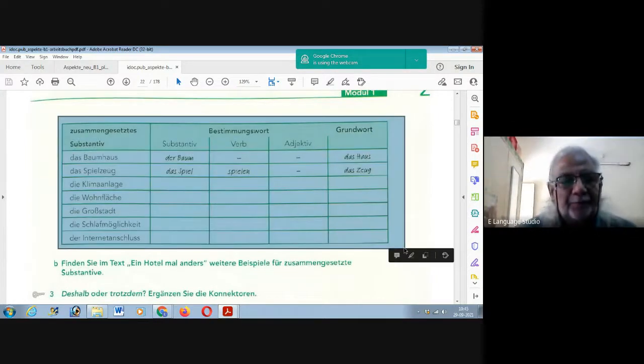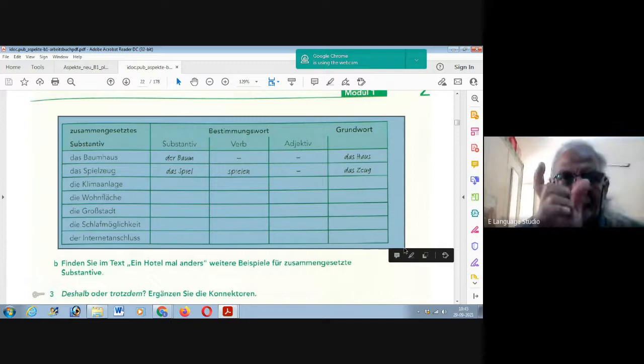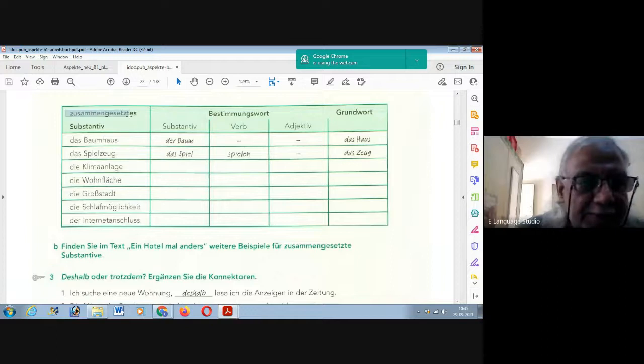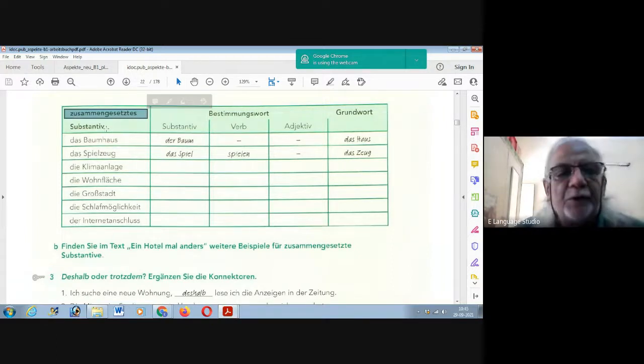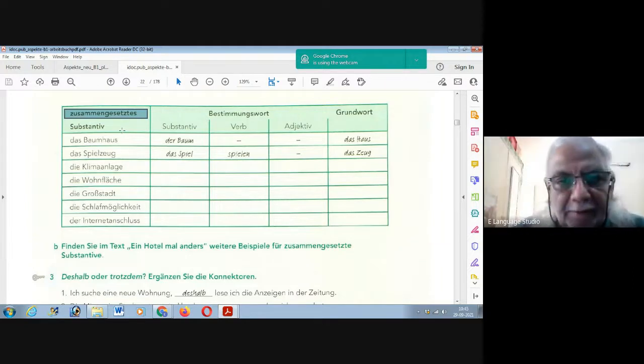Wir haben hier einige Komposita. Zusammengesetzte Wörter. Yeah, compound words, Komposita. Das Kompositum is singular, a compound word, something that is put together, joined with one or many. So here we have zusammengesetztes Substantiv oder Nomen. Das Substantiv is the same as das Nomen.